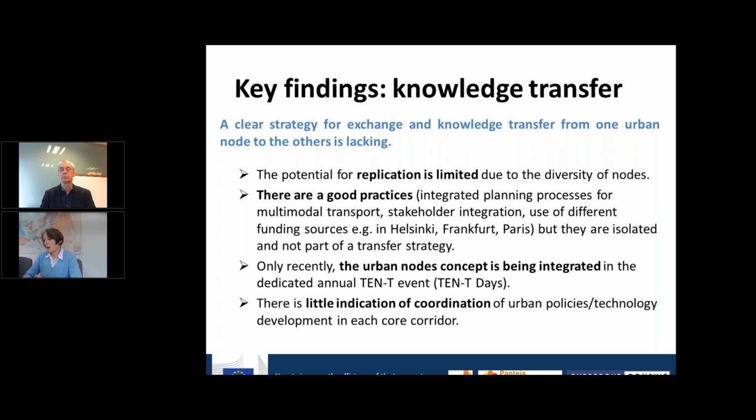Also, the diversity of urban nodes is really large, but there are good practices available, and urban nodes are really interested to share those best practices. But there are activities going on to have a dialogue, as we see that the urban node concept is being integrated for the first time at the TEN-T event, at the TEN-T Days.